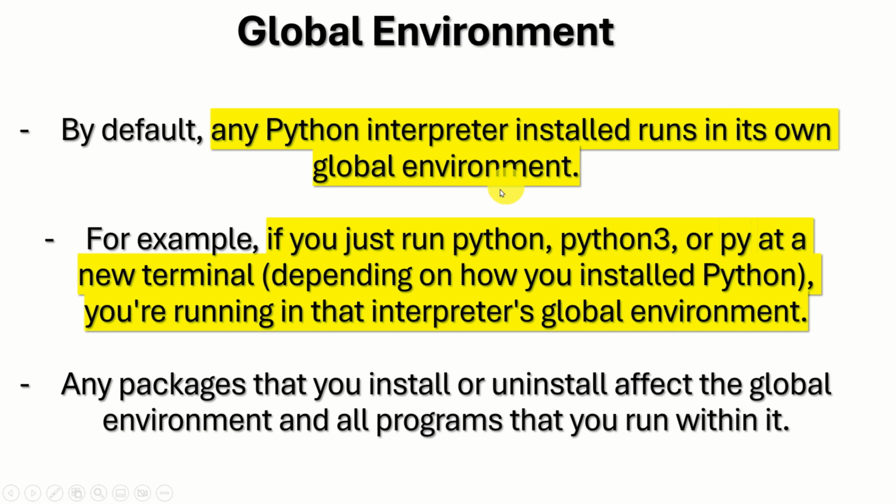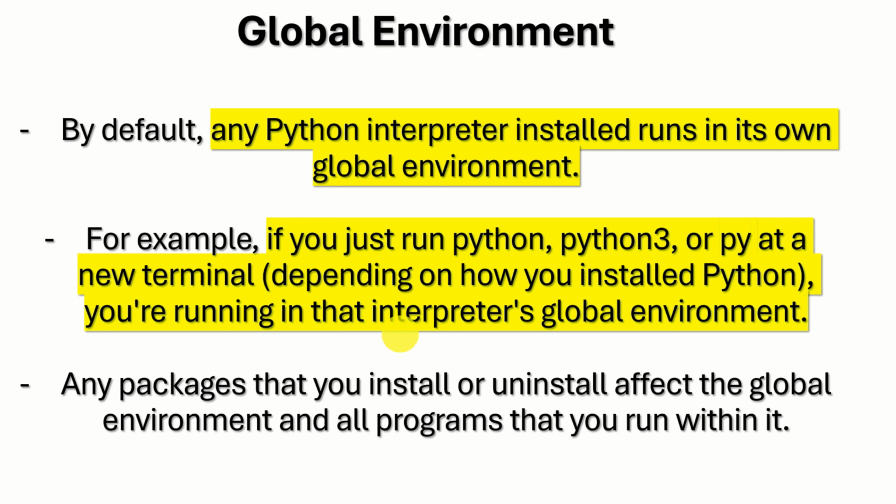Keep in mind this. For example, if you just run python or python3 or py in a new terminal, of course, these commands depend on how you installed Python, you're running in that interpreter's global environment. So if I open a terminal right now and type, for example, python something, or I'm executing a Python file, we are actually executing in that interpreter's global environment.